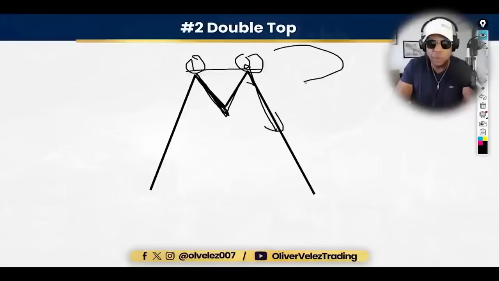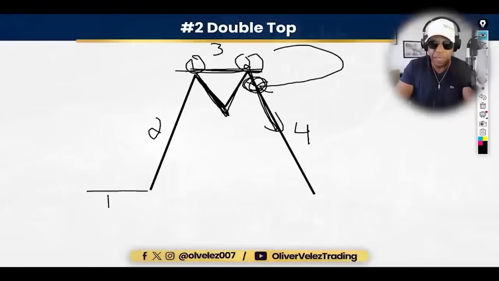Now I'm going to teach you to come into this play to profit from the 4 leg. If this was the 1, this is the 2, your double top is the 3, you're going to ride the 4 into a 1 again.